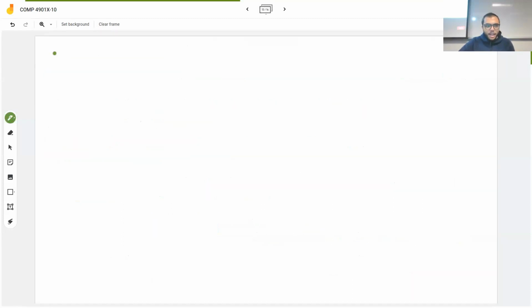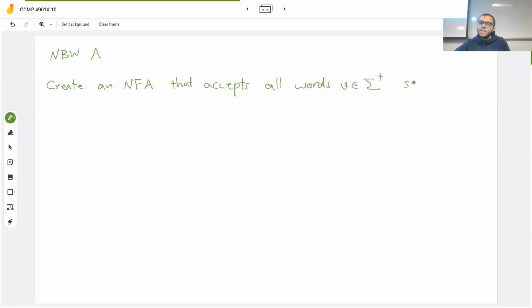So take this case. Let's say I have my non-deterministic Büchi automaton A, and I tell you: create an NFA, so a non-deterministic finite automaton, that accepts all the words V such that running V in A can take us from Q to Q prime.